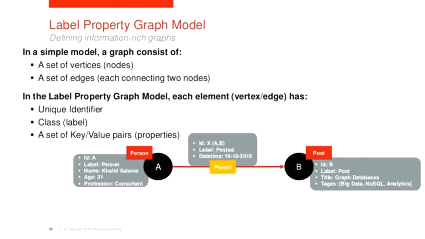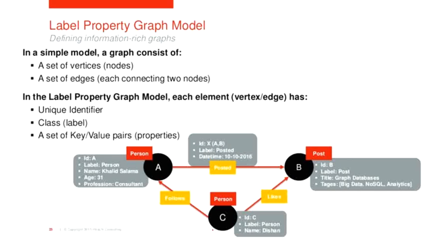And this edge has properties of its own. It has an ID, X, and this X lies between A and B. The label or the class or the type of it is posted, and its attribute is the date time. Now this person may be connected to another person.